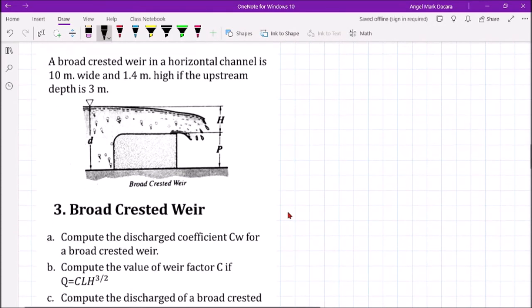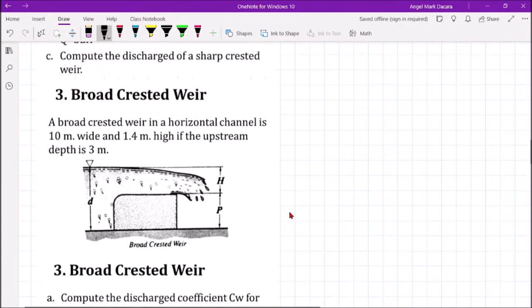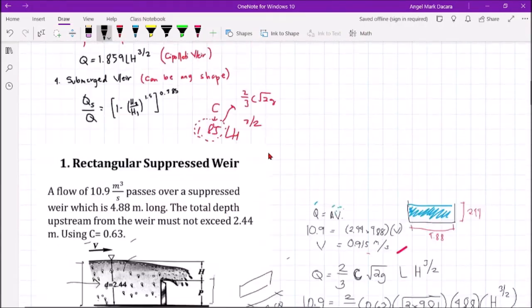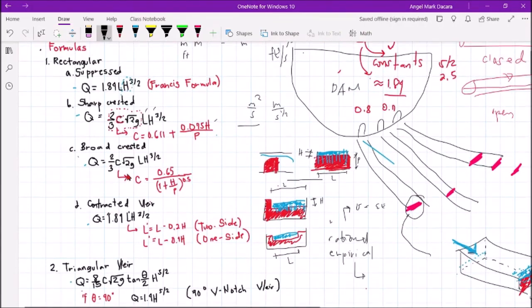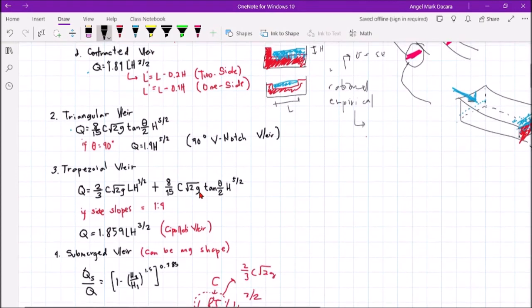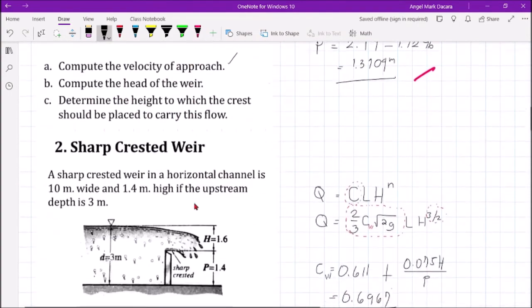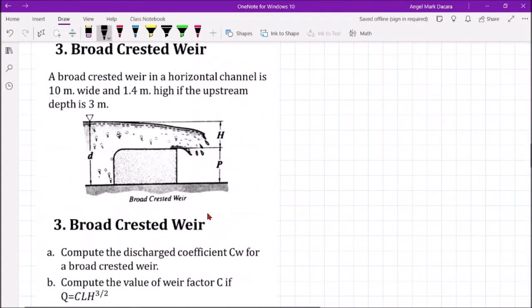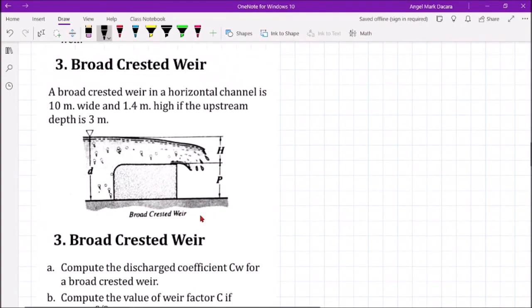Number 3 is broad crested. Ang naiba naman sa broad crested is yung formula ng C. Ito lang. 0.65 over 1 plus H over 3 times raised to 0.5. Anyway, let's proceed. So a broad crested weir in a horizontal channel is 10 meters wide and 1.4 meters high.